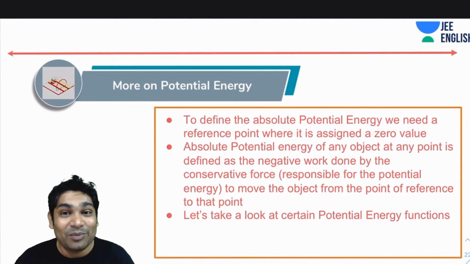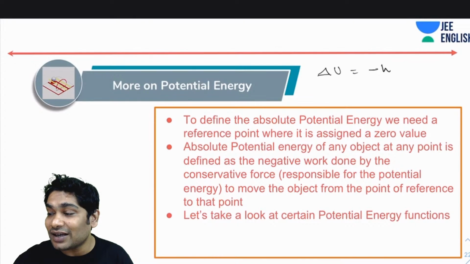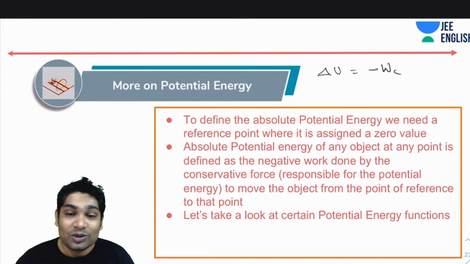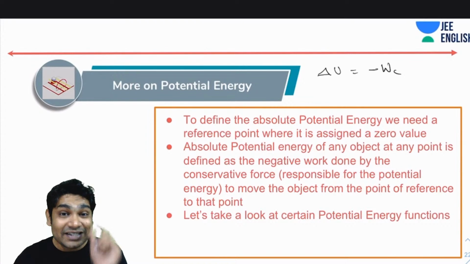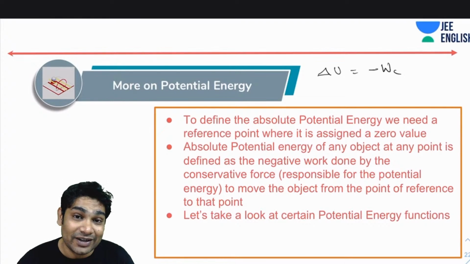Okay, so let's talk some more about potential energy. As I said, I have already defined mathematically that delta U equals minus W_C. So I can always define a mathematical function which gives me the change in potential energy. What happens if I want to define absolute potential energy?